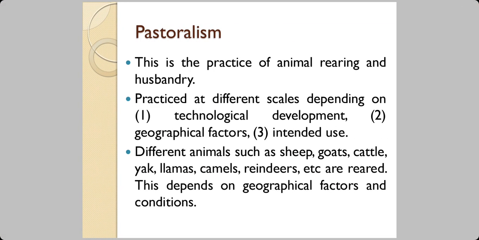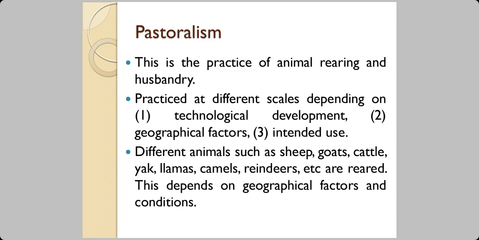This again is a practice of countries where technological development is not very high. This is the practice of animal rearing and husbandry, animal husbandry. This is practiced at different scales, depending on the technological development, geographical factors, and intended use.